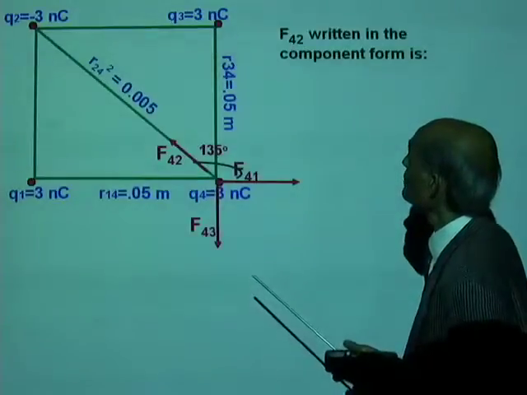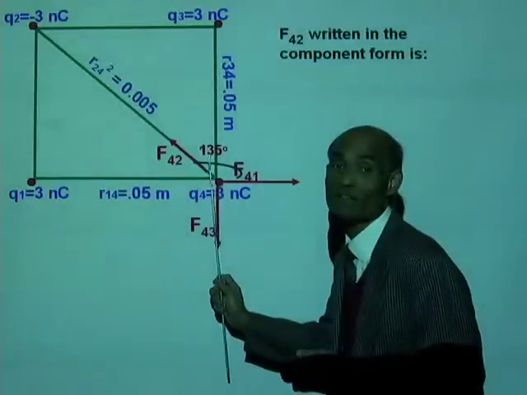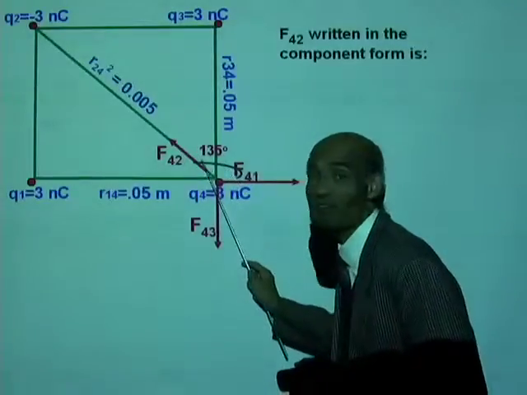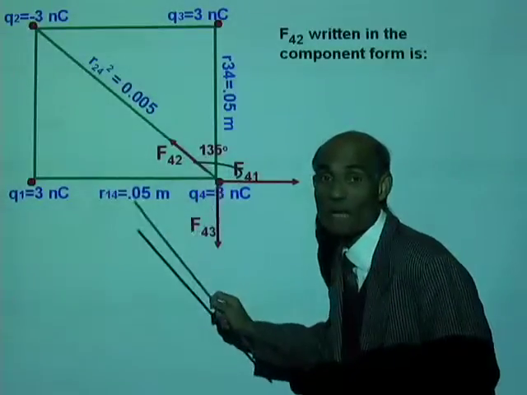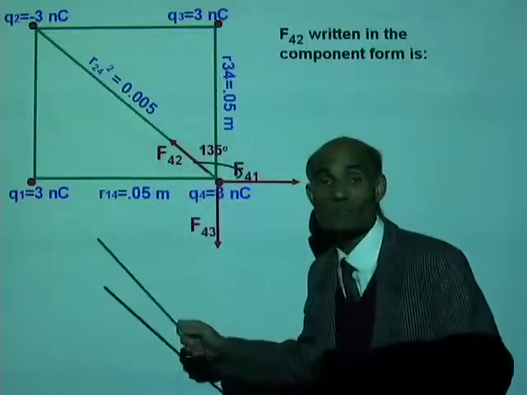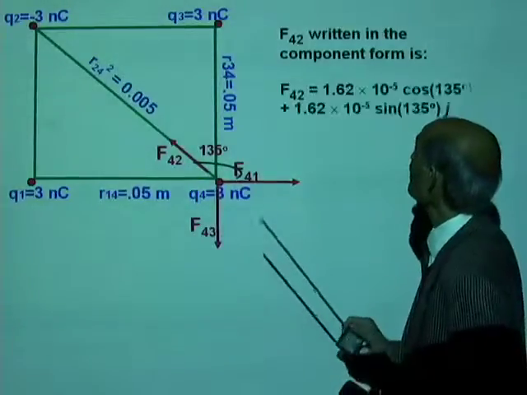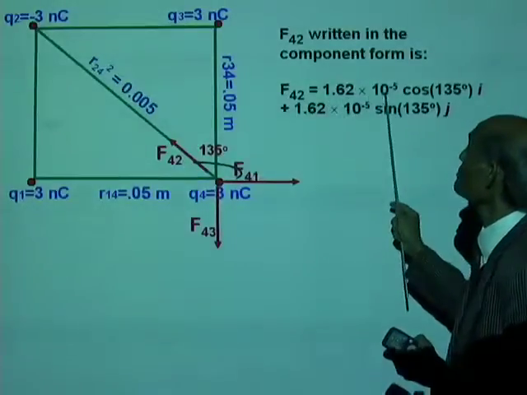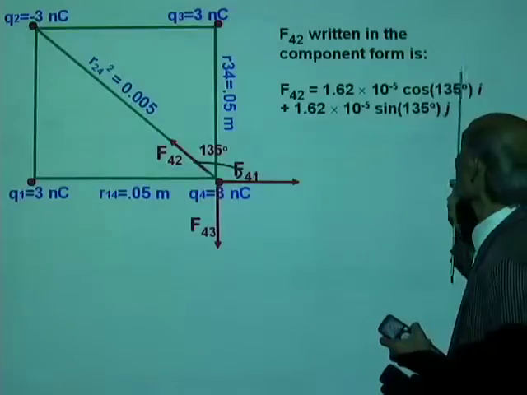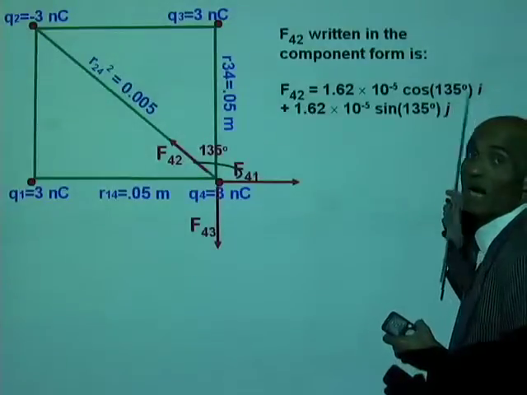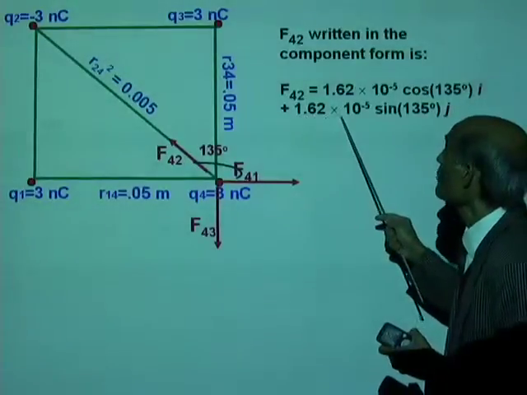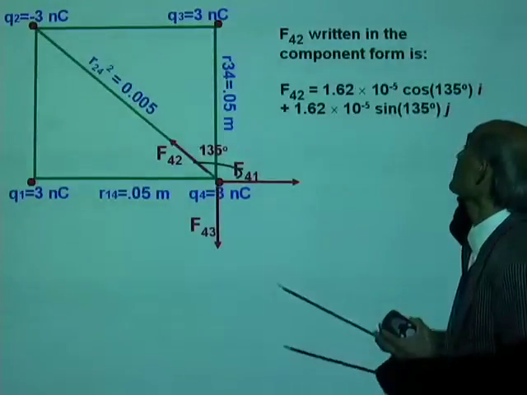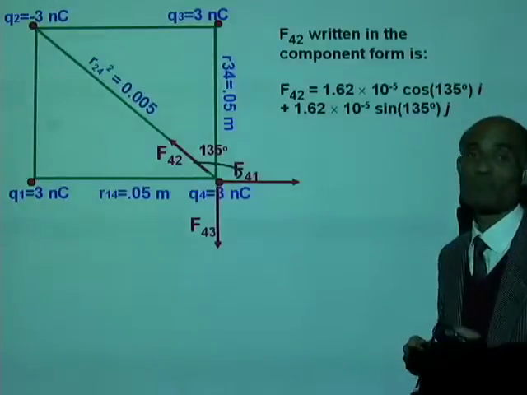F42 written in the component form will be the magnitude times cos 135 degrees i plus the magnitude times sine 135 degrees j. The magnitude is 1.62 times 10 to the negative 5, so 1.62 times 10 to the negative 5 cos 135 degrees i plus 1.62 times 10 to the negative 5 sine 135 degrees j.